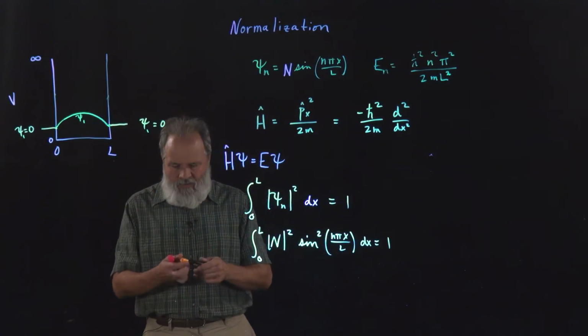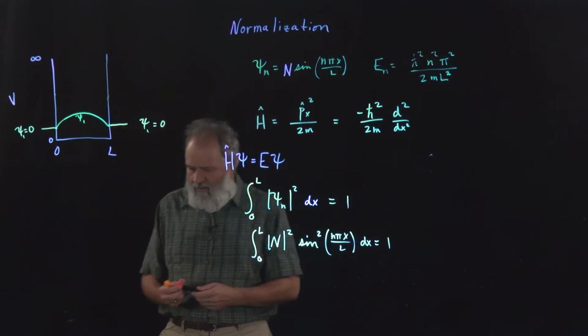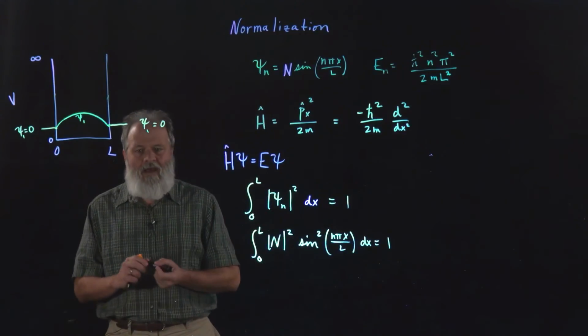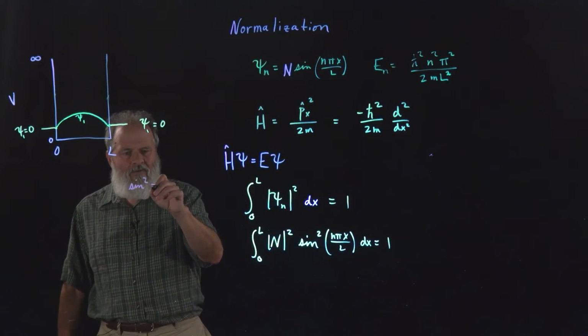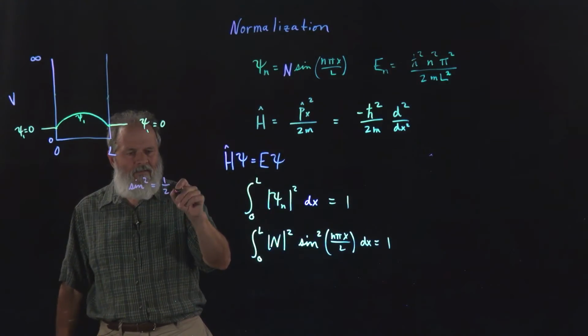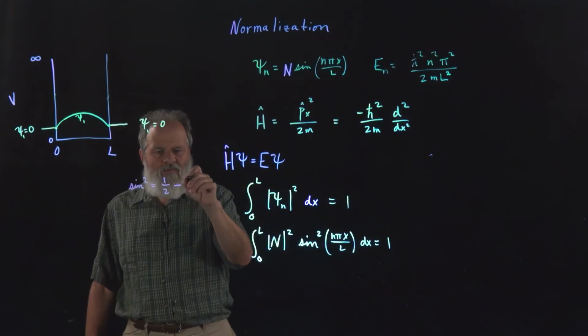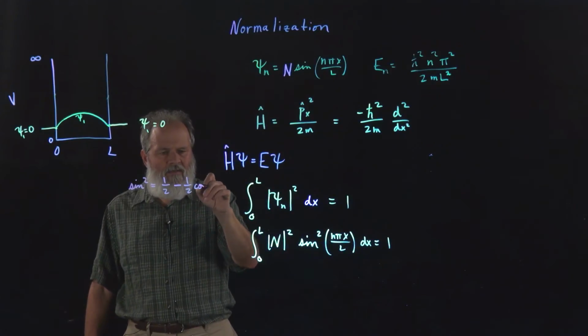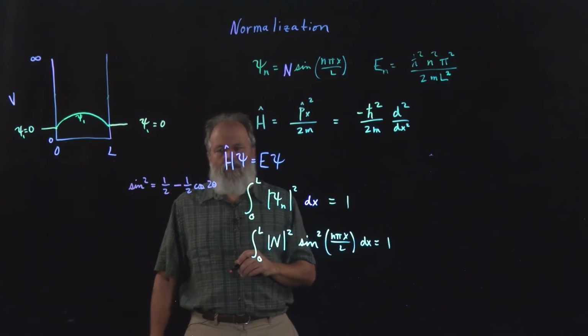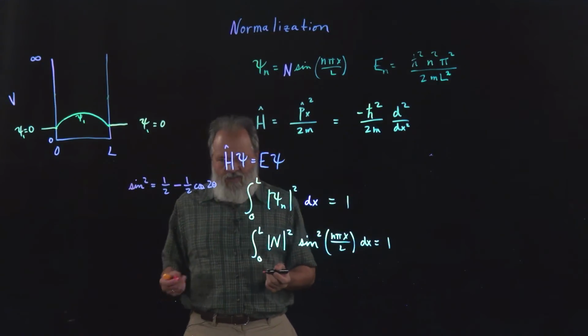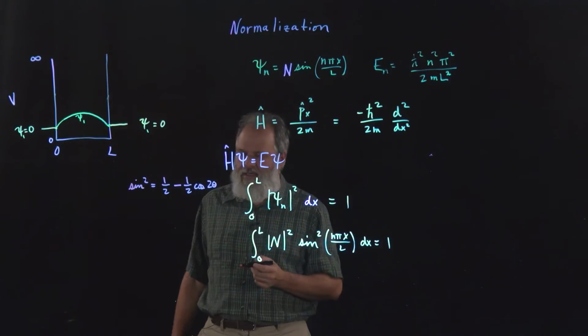All right, so I'm going to use a trick that you don't necessarily need to know how to do for this problem, is that sine squared theta is equal to 1/2 minus 1/2 cosine of 2 theta. Okay, so I'm going to use a trig substitution, and that's going to be it.